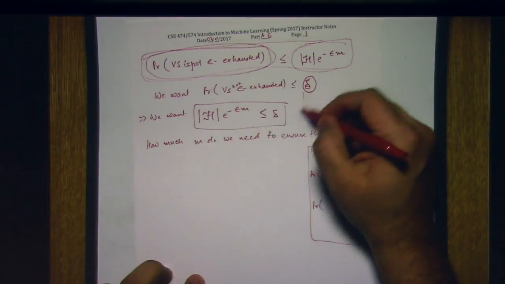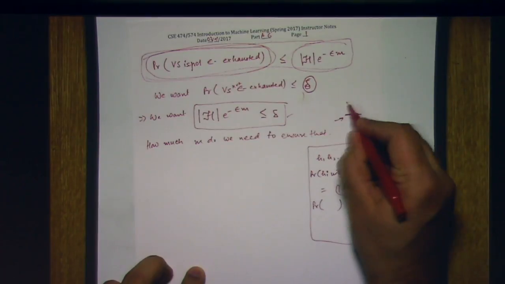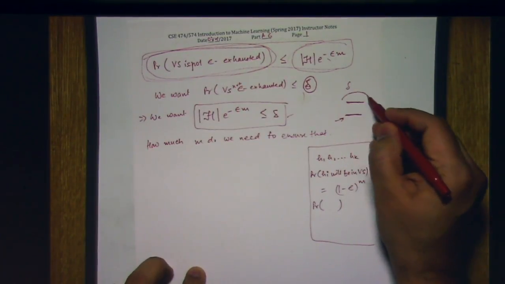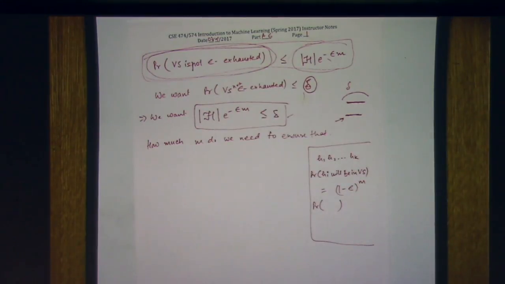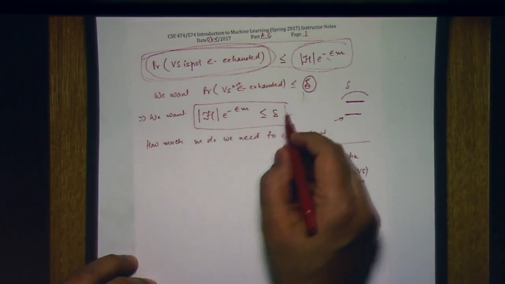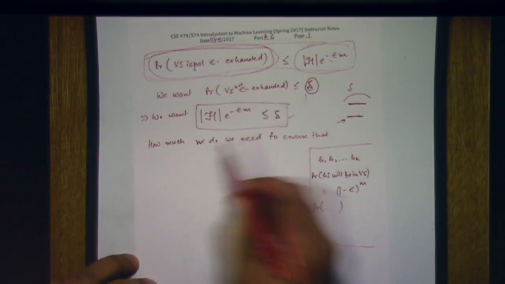All I'm saying is that there is some probability here, and this is bounded by this probability. Now we want to find the delta which can bound the upper bound itself, so that it's guaranteed that it will bound the lower bound. So the idea is we want to bound this bound itself, and so we want to find the m that will guarantee that.